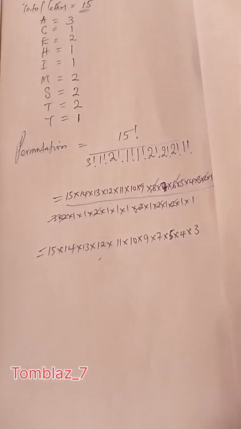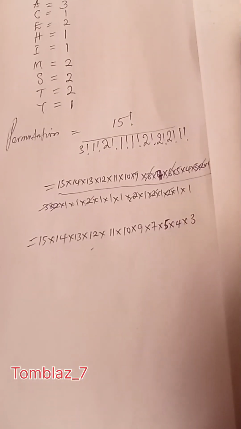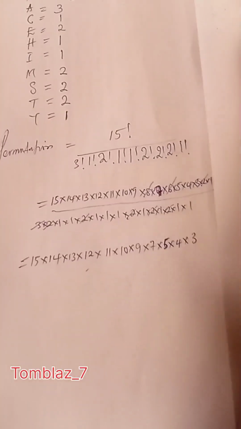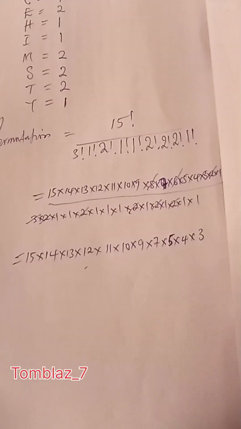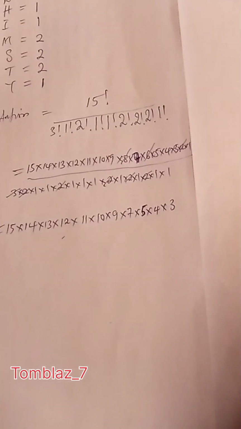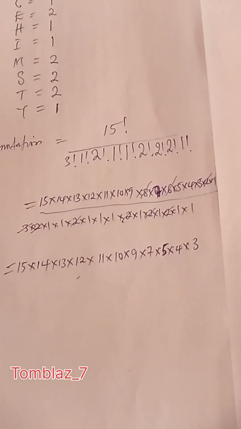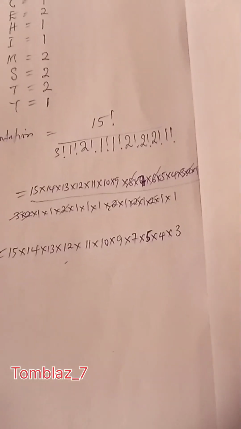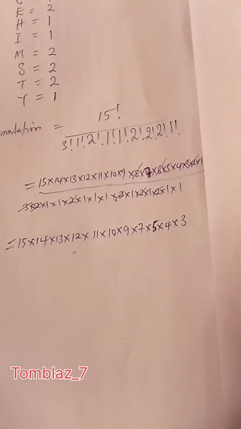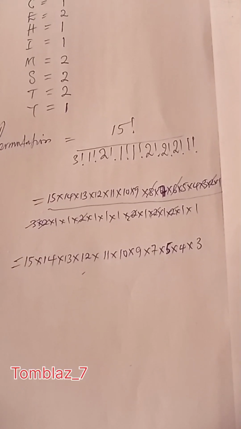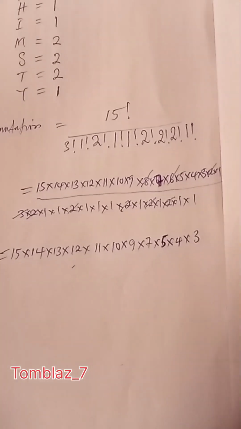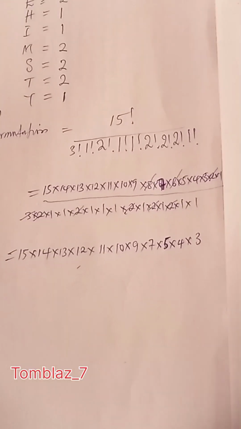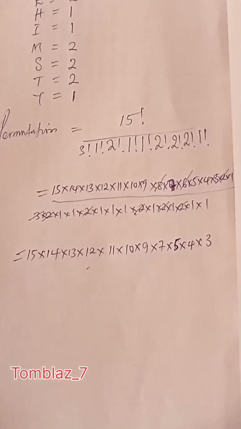So let's multiply them using our calculator to get our answer. So we have 15 times 14 times 13 times 12 times 11 times 10 times 9 times 7 times 5 times 4 times 3. That's the last value.